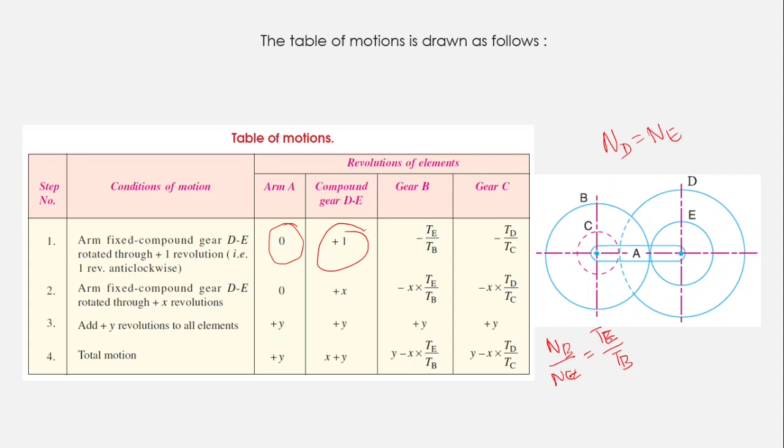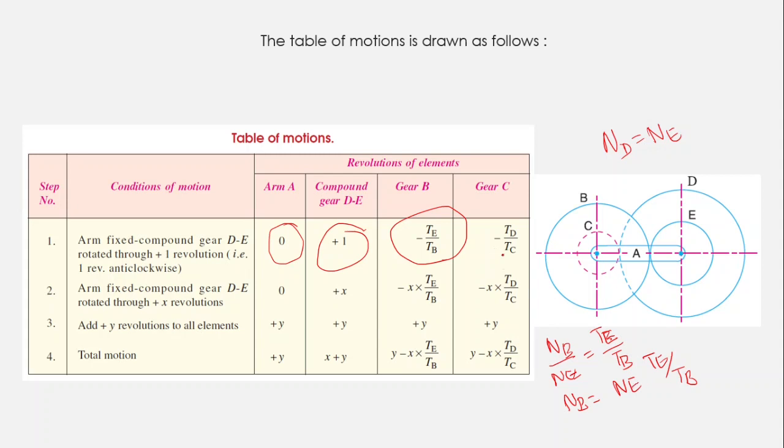Here NE is +1. Then NB is equal to NE into TE by TB, which must be in the opposite direction, that means negative TE by TB. Here NE is equal to +1.